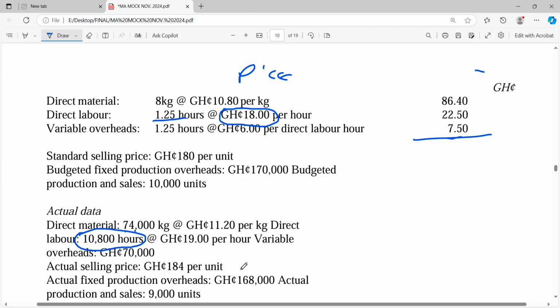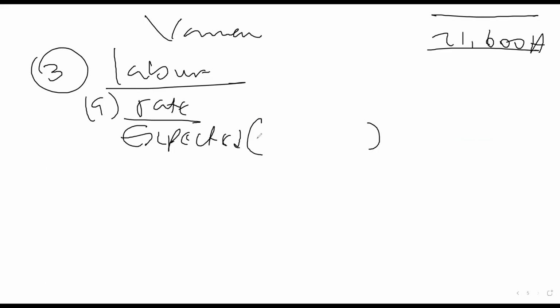So 10,800 times 18. If you are right, your final answer will balance, and if it doesn't balance, you get trouble. That gives 194,400.